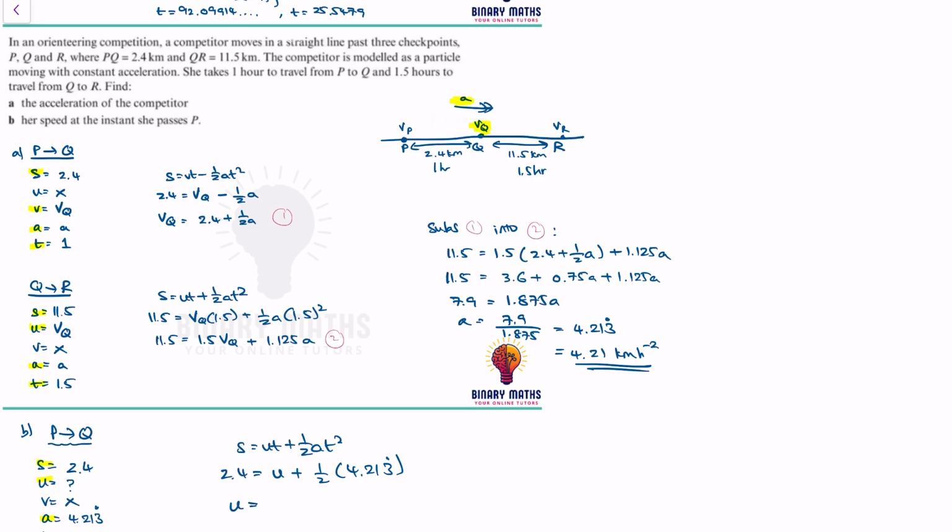So U will be equal to 2.4 minus half times 4.213 recurring, which is equal to 0.293 recurring kilometers per hour, which is 0.293 kilometers per hour.